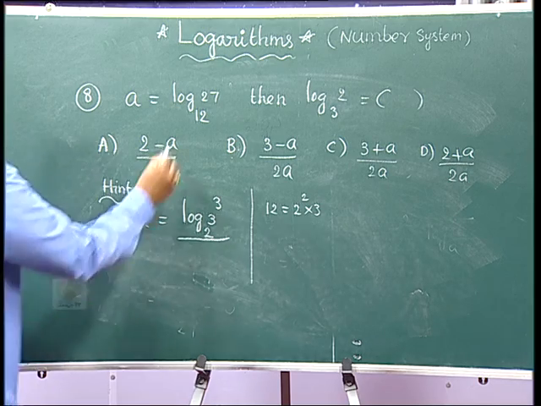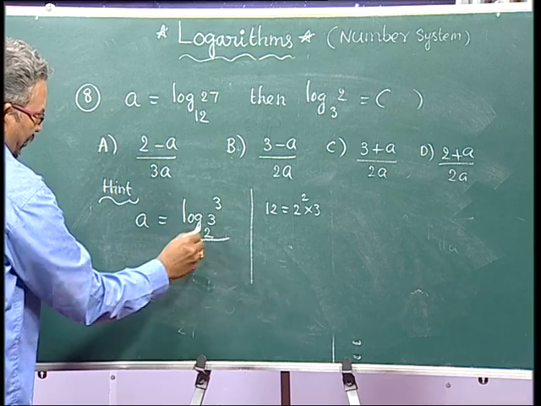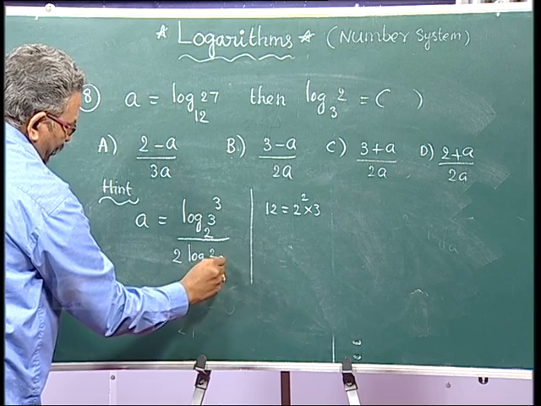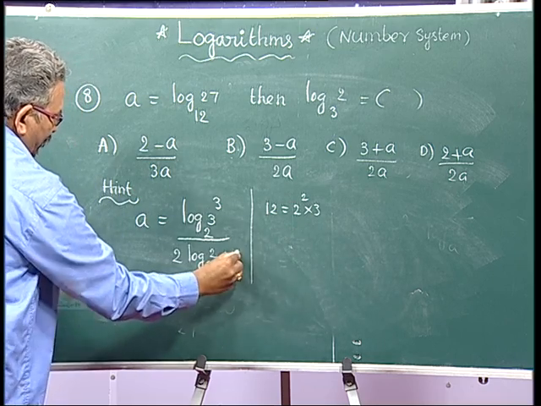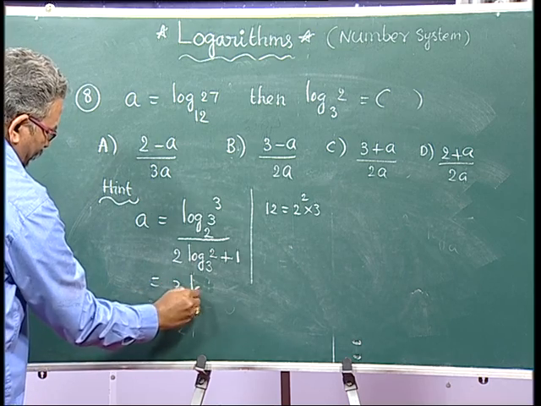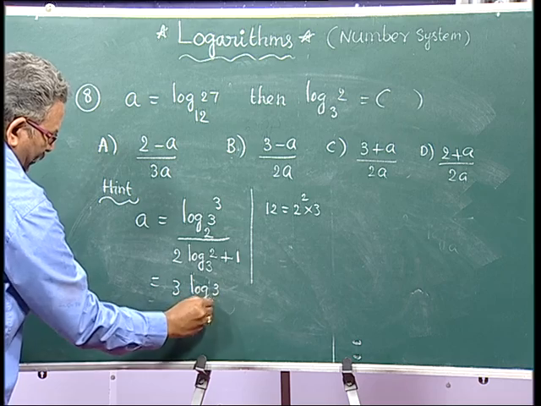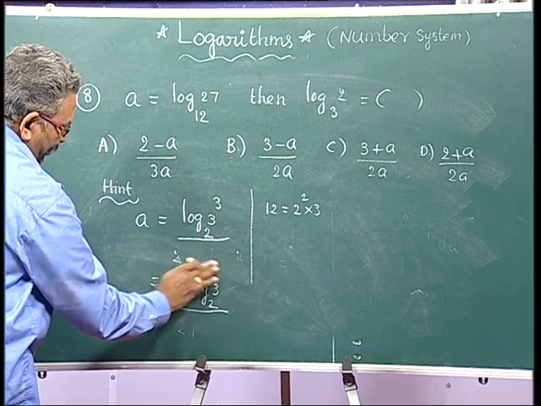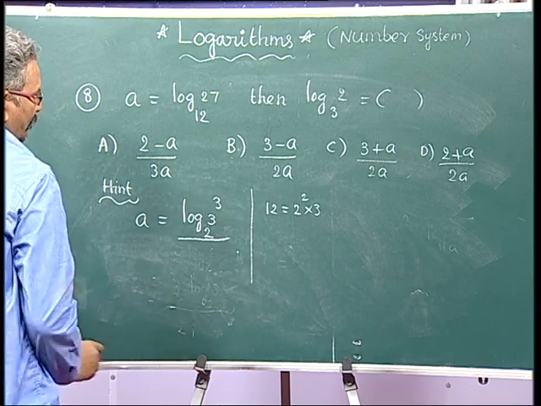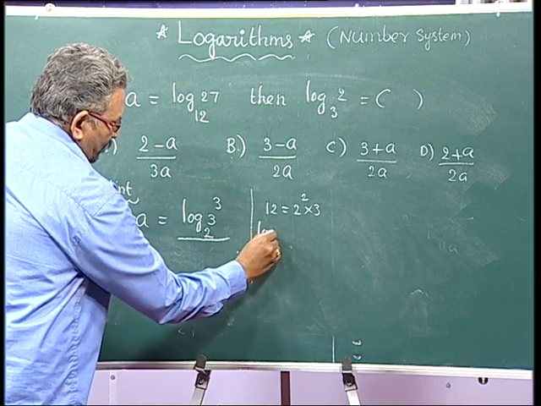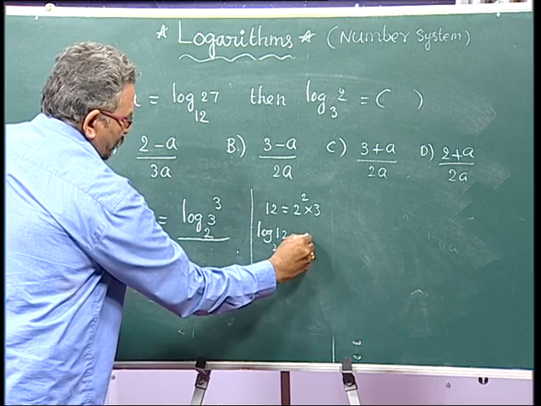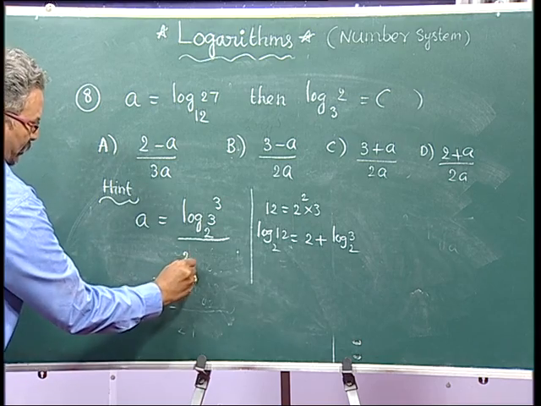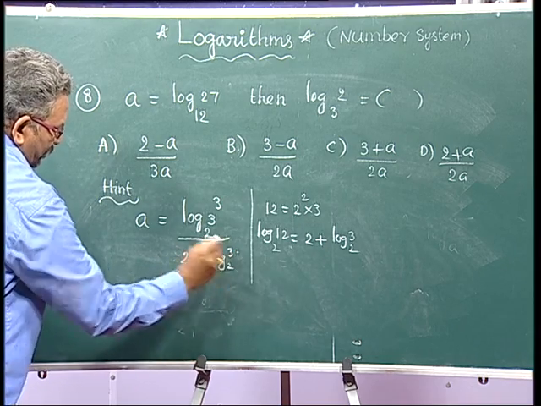So, that means if you apply log 12 base 2, this will be 2 plus log 3 base 2.